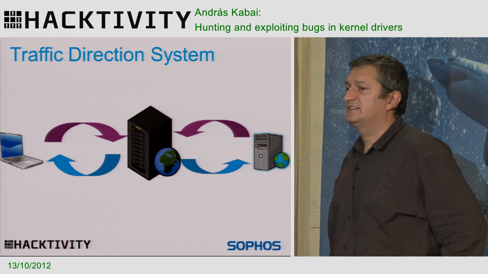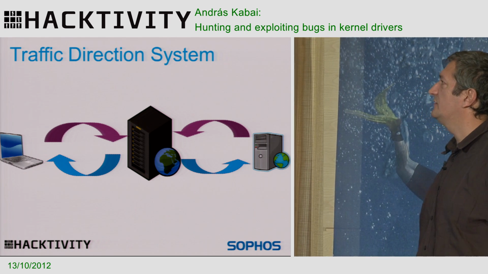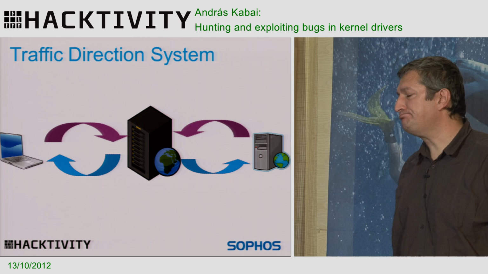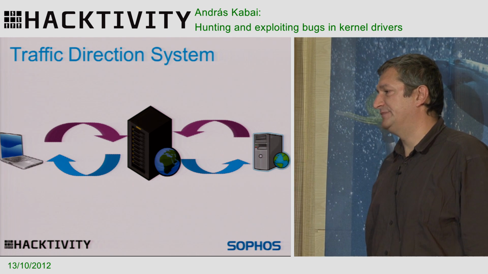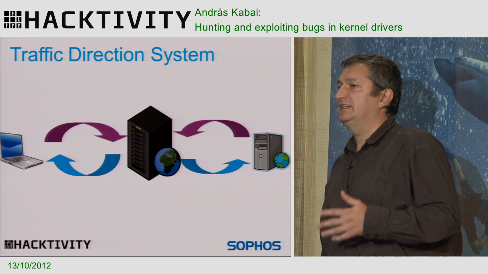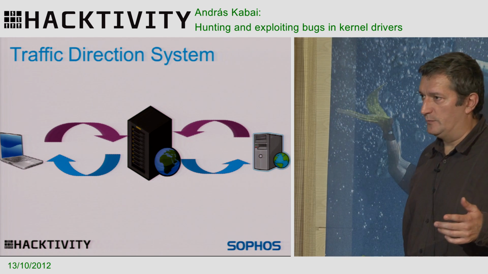As I mentioned, it has a traffic direction system. I will tell you very briefly what the traffic direction system is. Its main aim is to deliver code that can exploit exactly the software environment that is available on the target computer.